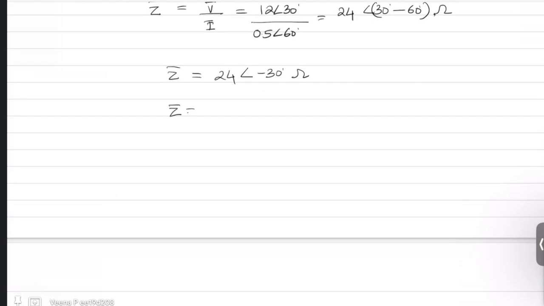So your Z is now 24 cos minus 30 plus j 24 sine minus 30, that much ohms.